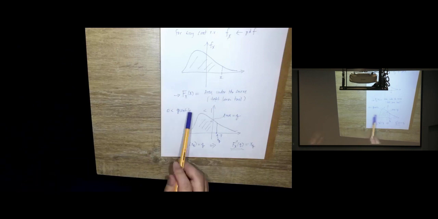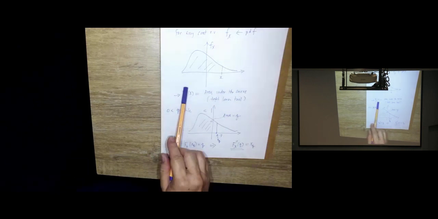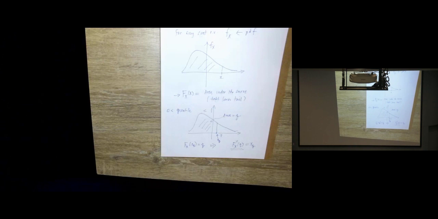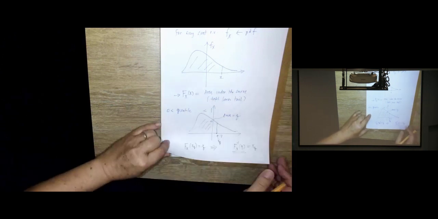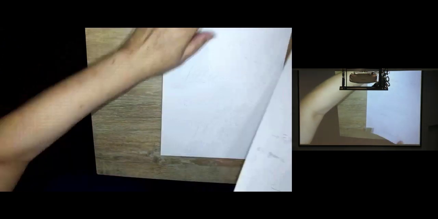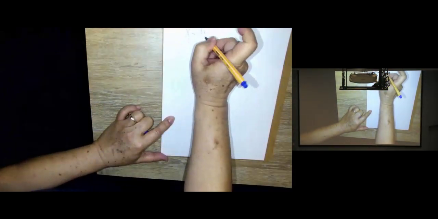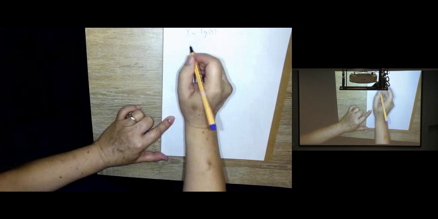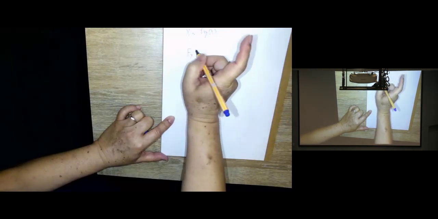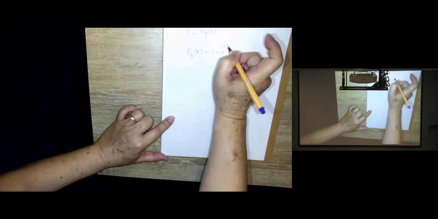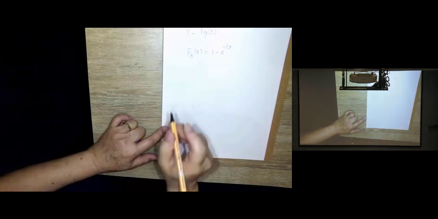Now, if you have a closed form formula for the distribution function, then it would be just a matter of solving the equation. For example, when x is exponential of parameter lambda, then F of x is equal to 1 minus e to the power minus lambda x.